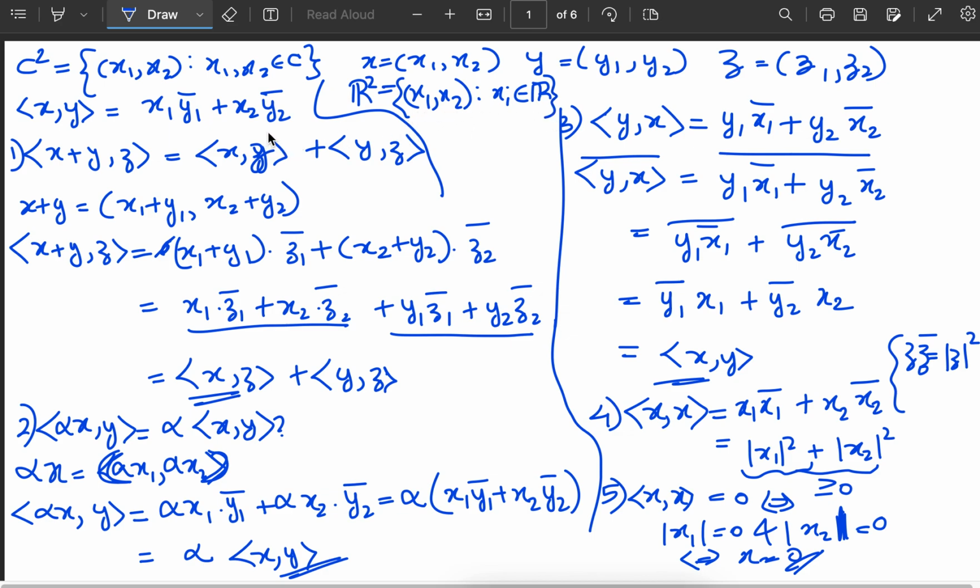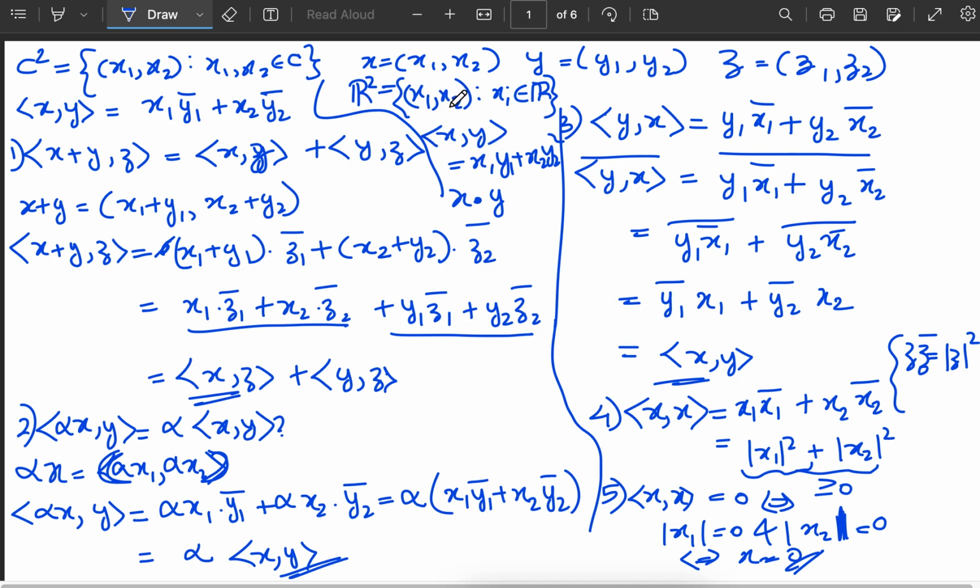In this case, similarly we can define inner product xy as x1 y1 plus x2 y2, and we can show that this satisfies all the properties of inner product. So this is an inner product in R2. Also you can verify that this is the dot product, that is, simply x dot y.